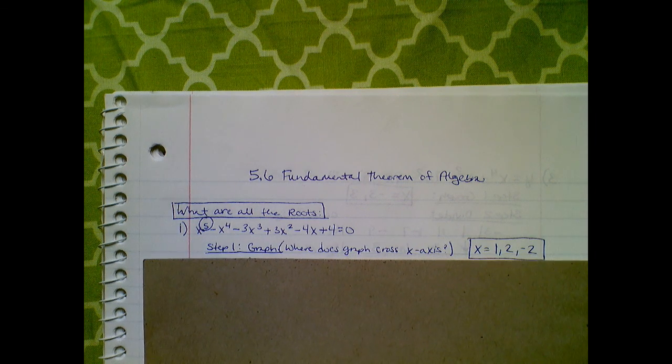So our first step to get started, I would go ahead and graph it. Maybe if you graph it, it will cross at 5 different places, you would be done. So let's take a look at the graph.